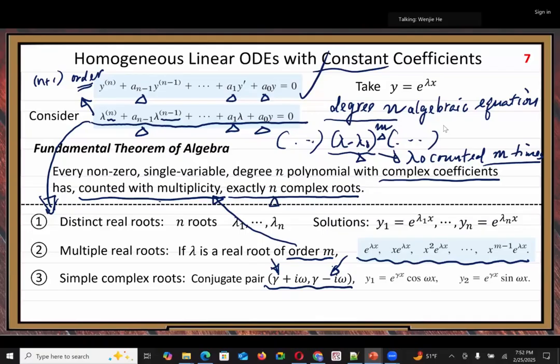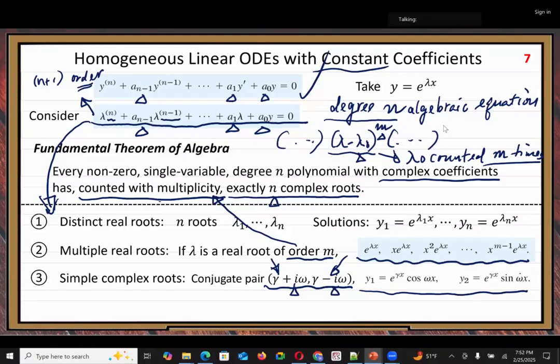We do not need to use the complex functions, because people want to avoid using complex numbers in their final solutions. So here we have the 2 real solutions corresponding to these 2 conjugate complex roots.